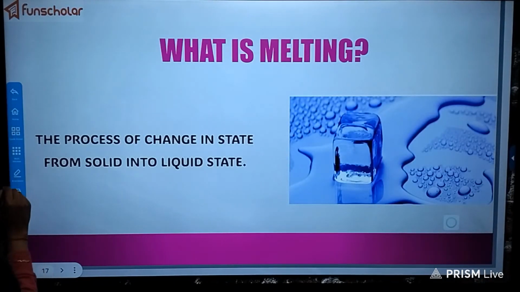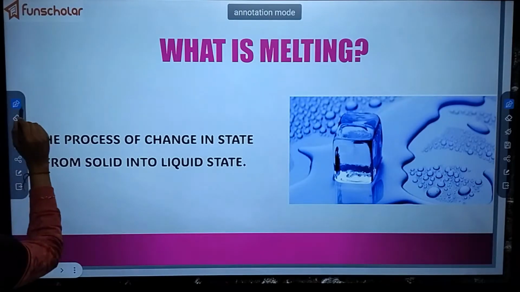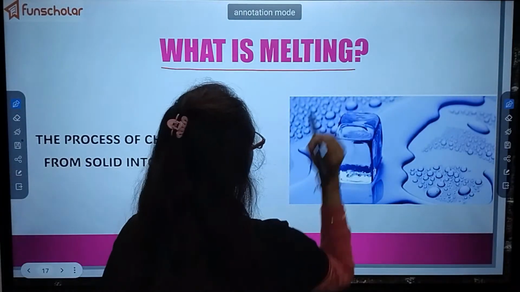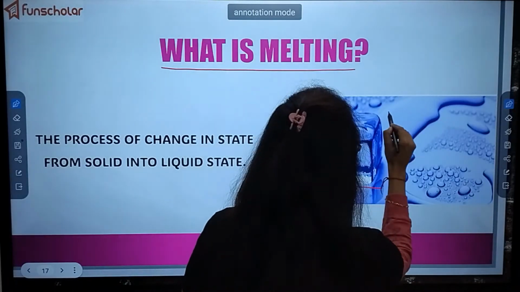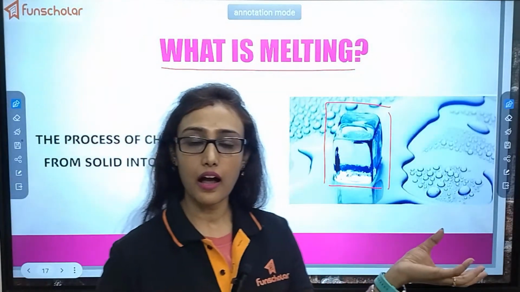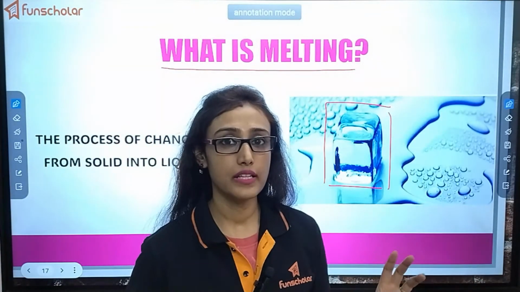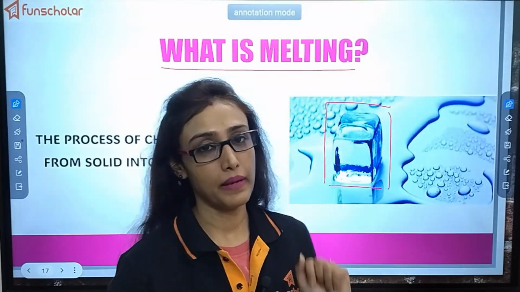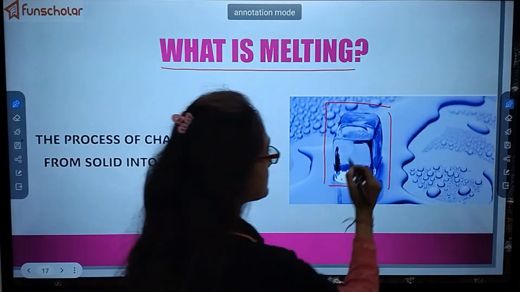Now, first, what is melting? You can see an ice cube over here. Or you can take an ice cube out of the refrigerator and keep it in a cup or a plate. After some time, what happens?